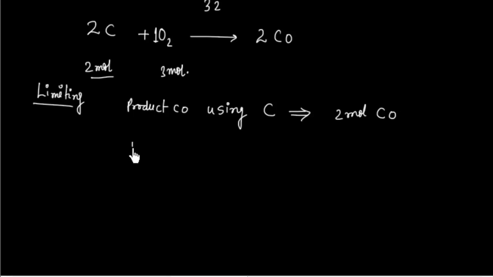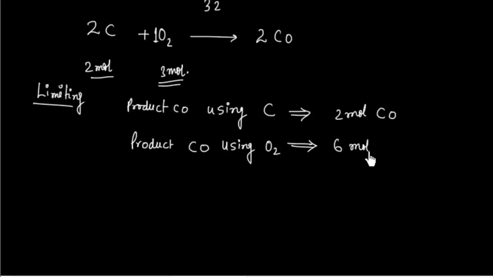Now if we find product CO using oxygen, 1 mole gives you 2 mole of carbon monoxide, so 3 mole will give you 6 mole of carbon monoxide. So anything that gives you less amount of product is limiting. In this case the limiting reagent is carbon, and the product formed is 2 mole.